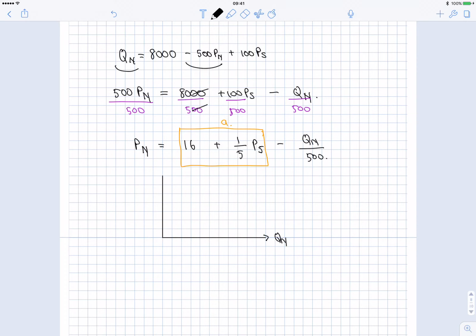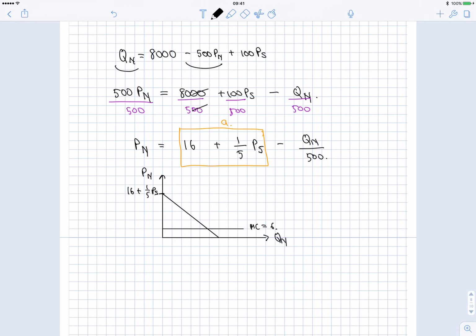This is the quantity for north. This is the price for north. The intercept would be 16 plus 1/5 PS, and the slope would be minus 1 over 500. And I know that the north side has a marginal cost equal to 6.